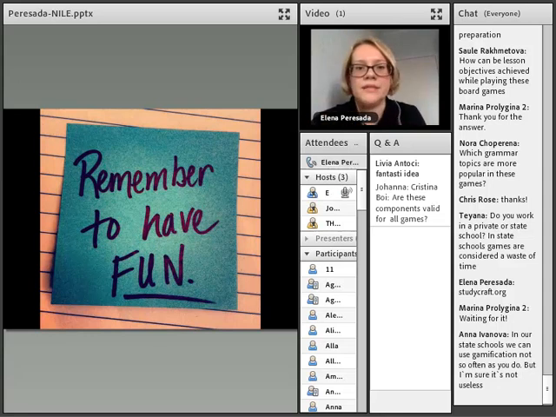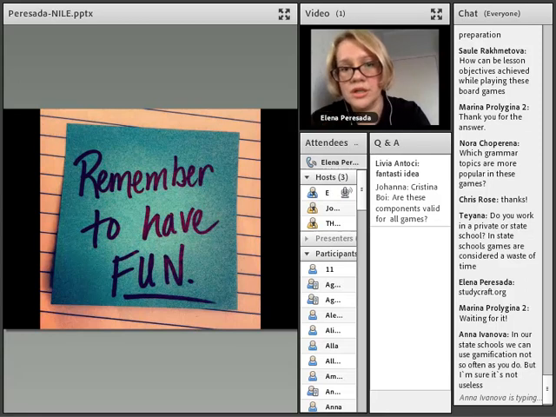But if you work in a state school, you can do just the same things as you usually do, and just add some elements and mechanics to increase students' involvement, like points, badges, and some strategy.